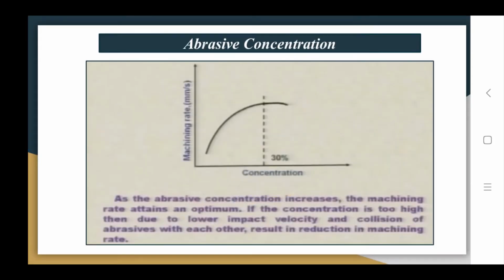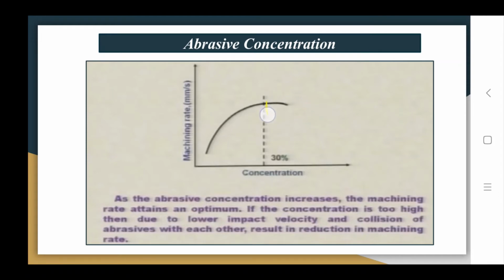The next one is the abrasive concentration. As the concentration of the abrasive particles increases, you can see here it increases the material removal rate, that is MRR, in terms of per second. Beyond a certain concentration value, it starts decreasing. As abrasive concentration increases, the machining rate attains an optimum value.